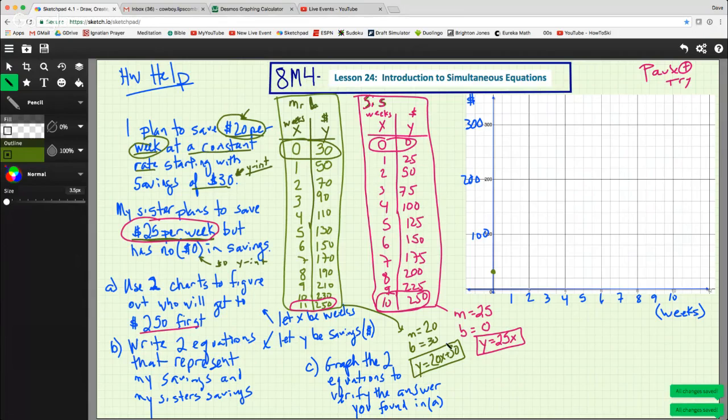Now let's go ahead and graph me. So I'm going to just pull a few points. Let's find some easy ones to graph. How about 6, 150? You know, 3, 90. And now let's go ahead and make my line.